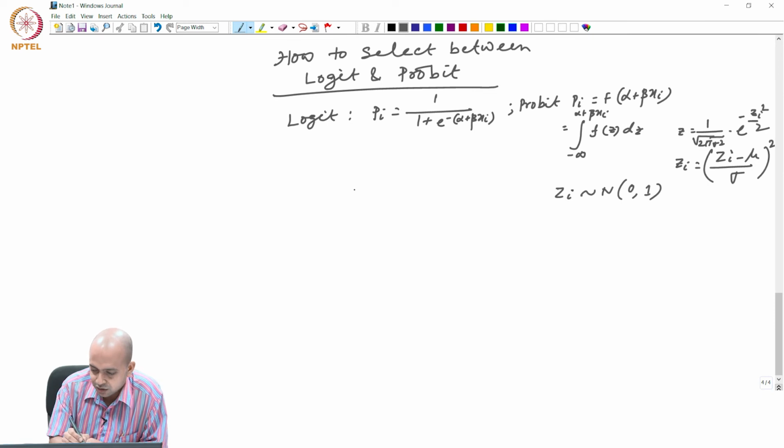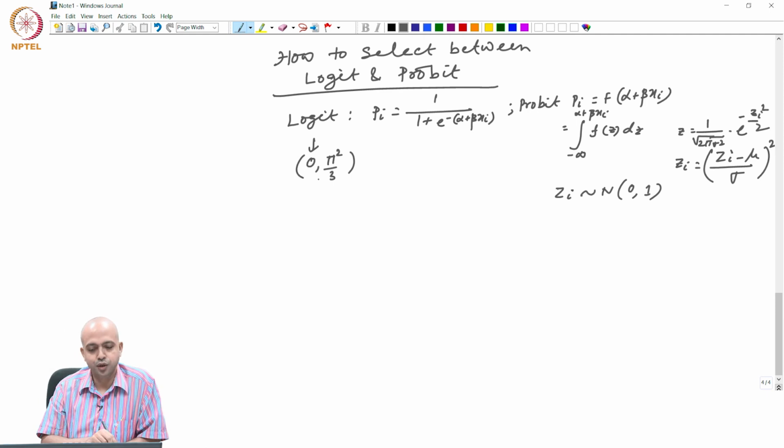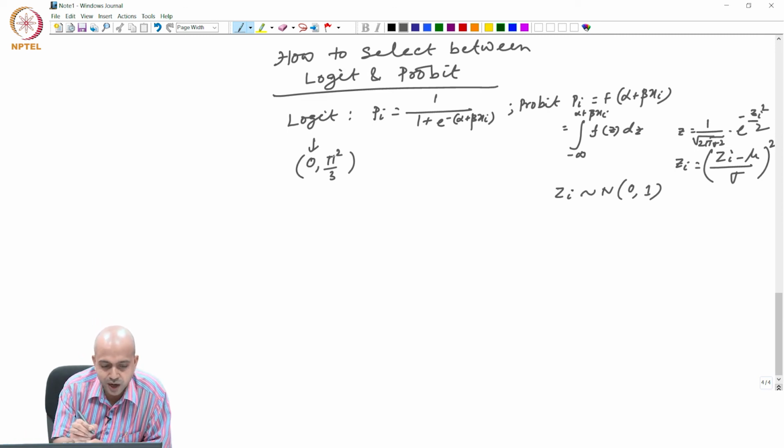And in the context of the logistic distribution, Zi's mean is again 0, but the variance is pi square by 3, it is not 1. Because of the difference in their variance, here it is 1, here it is pi square by 3, where pi equals 22 by 7.